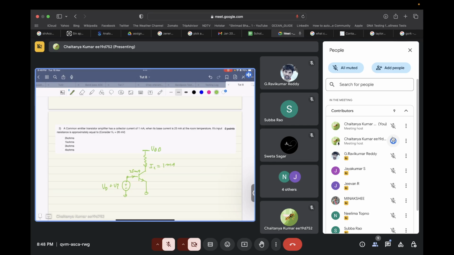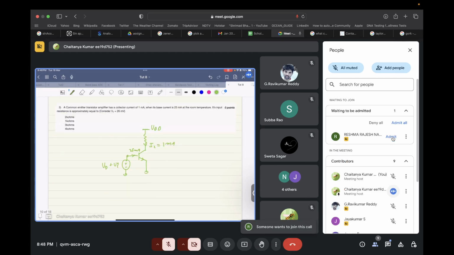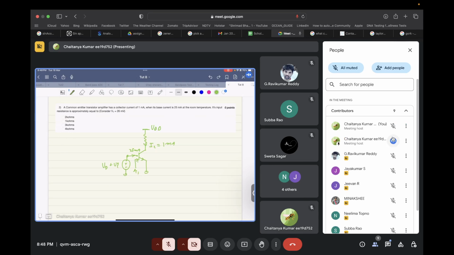It's the resistance looking into the base side, right? Okay, so whatever looking-in resistance from this side, let's call this R pi or RP. So RB is equal to VT by IB, correct?